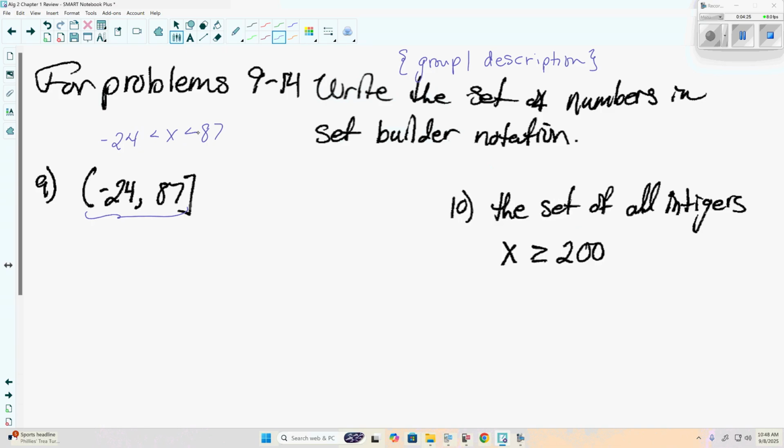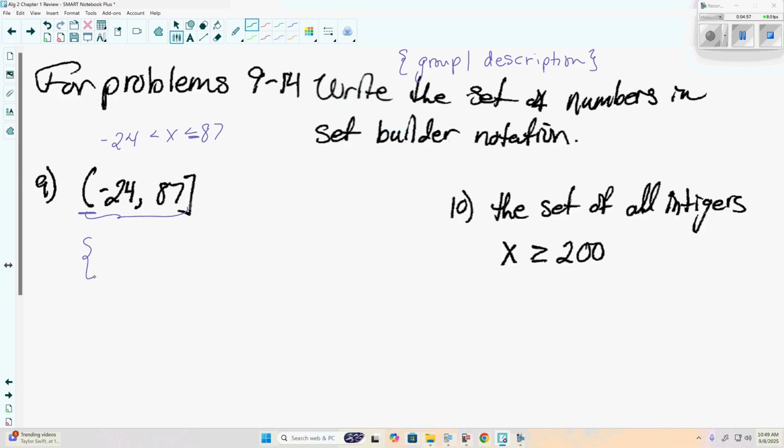Now we can go back and see which one's equal to, if one or both, or none. Negative 24 will not be equal to it because it has a parenthesis. 87 will be equal to it because it has a bracket. The only thing we did so far was just convert this from interval to an inequality, because for us to put it into set builder notation, we need it written as an inequality.